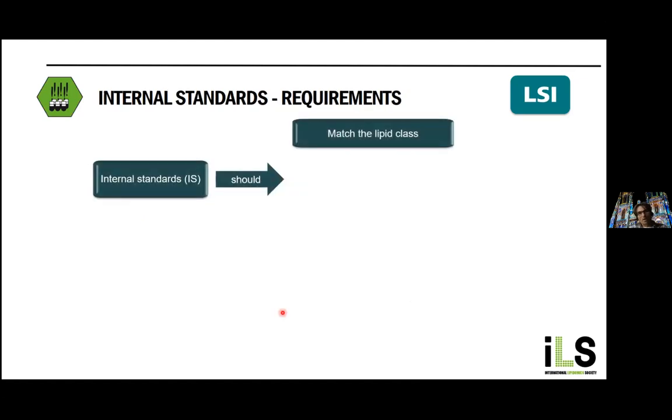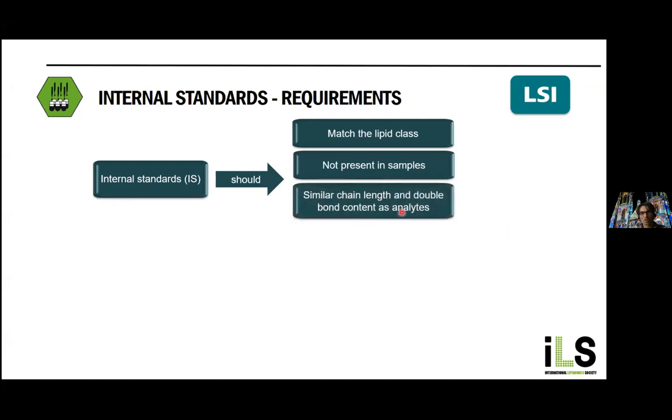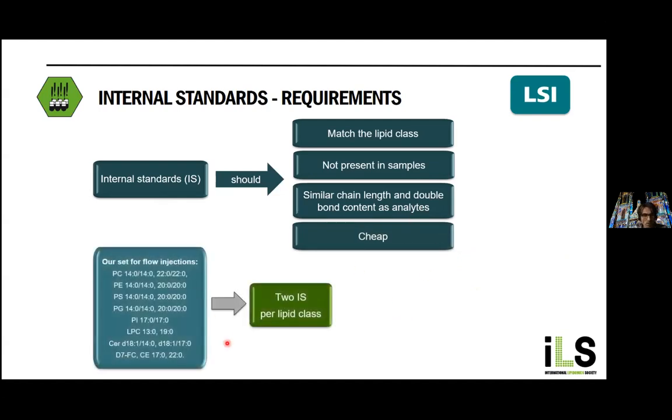So what are the requirements for internal standards? Obviously, they should match the lipid class and not be present in the samples of interest. Chain length and double bond content should be similar to the analytes, and it would be good if they are cheap. This is what we are using in our flow injections. So you see PC, it's a 28:0, 44:0, for instance. We use two of these internal standards because this allows us to calculate the ratio between these internal standards.